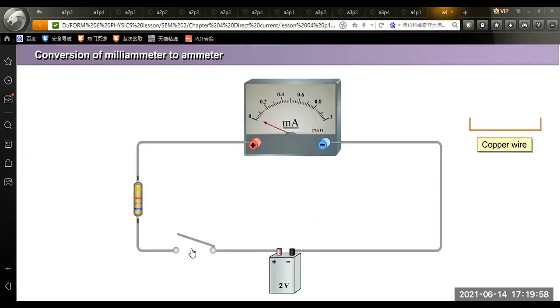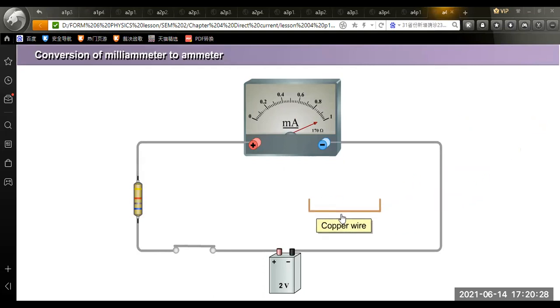With a wire connected to a resistor, which is in series to the milliammeter, we notice that the maximum reading is shown. That means that it is out of range and not suitable to measure the current that flows through the circuit. So what we need to do, I use a copper wire with resistance.